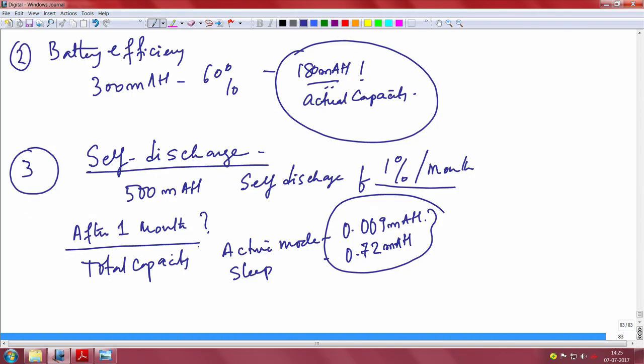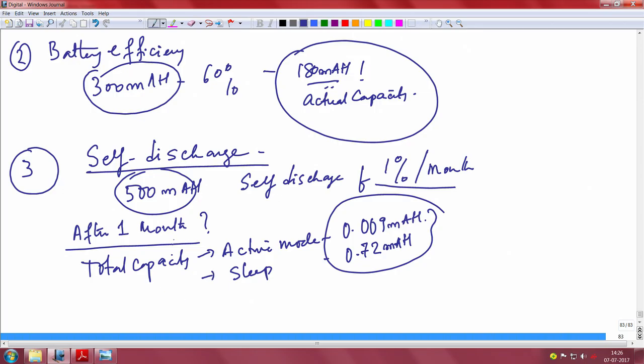And just to keep giving you flavors, I took battery efficiency with 300 milliampere hour and I said 60% and I gave you this number, and for this table which I drew I have taken an example of 500 milliampere hour. So, this will connect you to several things that we are actually doing in this process. Okay, good, total capacity, active mode is over, sleep mode is over, all that is fine.